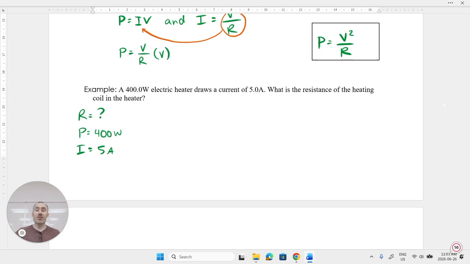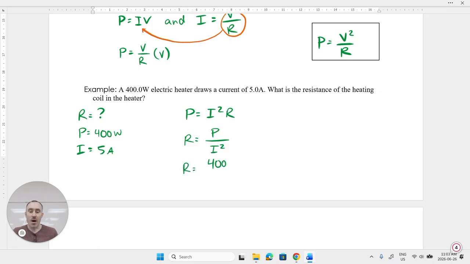And so because I'm trying to relate P, I, and R, I want to use the version of the power formula that has P, I, and R in it. So P equals I squared R. Now I'm looking for the R part, right? So R is going to be equal to P over I squared. Then we can put in the numbers.